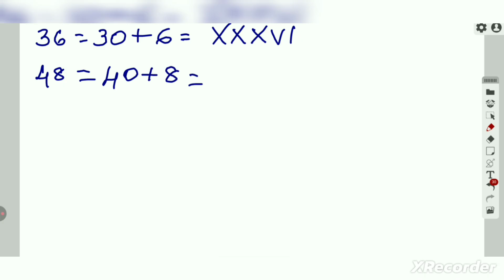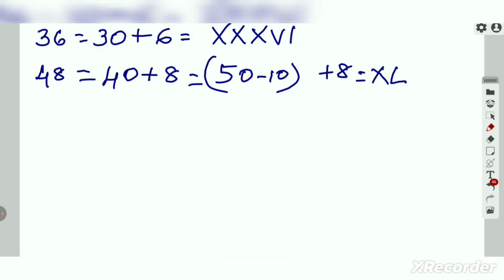Now what is 40? 40 is 50 minus 10. What is 50 minus 10? XL, with X before L because you are subtracting, and 8 is VIII. So 48 is XLVIII.